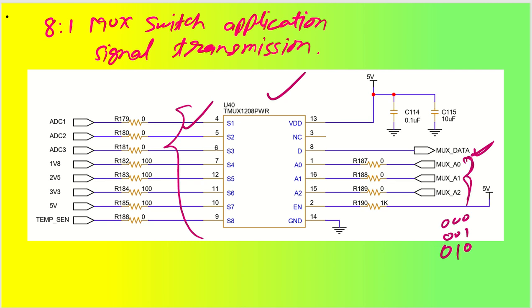These 3 lines are connected to my MCU GPIO, and they will be selected based on the status of the GPIOs. Let us say 0,0,0 is the state of all the 3 lines, then the S1 signal will be connected, and this ADC1 will be passed to my D signal, that is my mux data, and mux data will go to the input of your ADC. This is how you can route several signals directly.